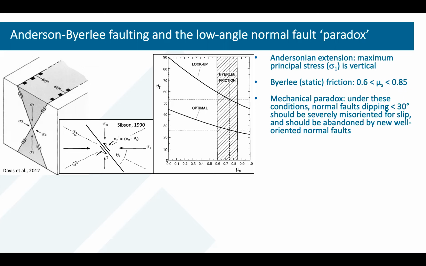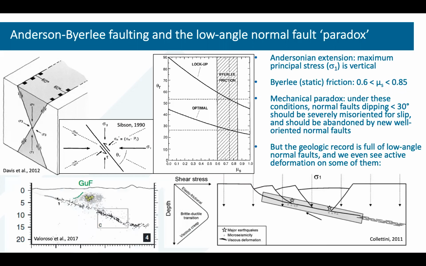So it's a mechanical paradox, because we see low-angle normal faults around the world. We see plenty of examples in the geologic record, but they've always been mechanically anomalous because it's difficult to explain their mechanical origins based on these classical theories of faulting.